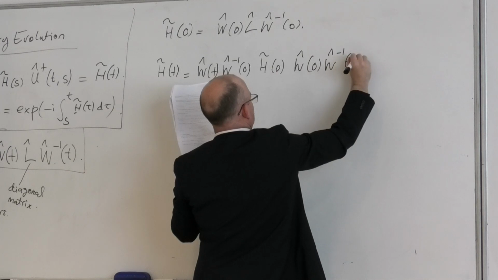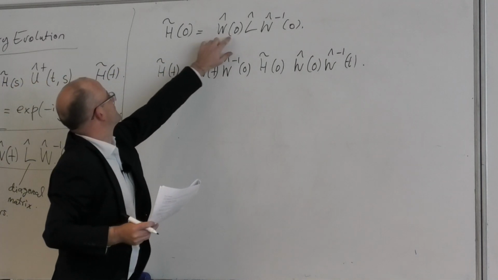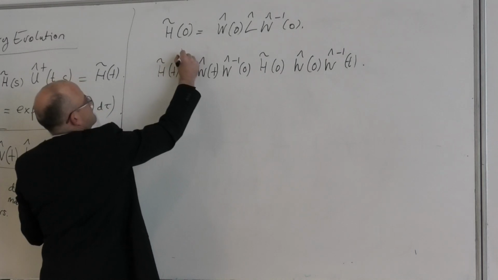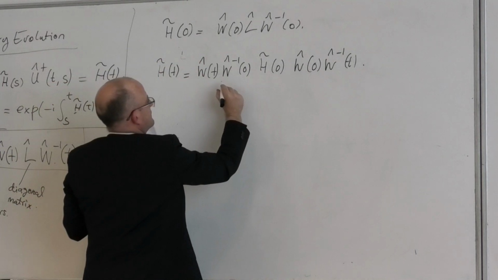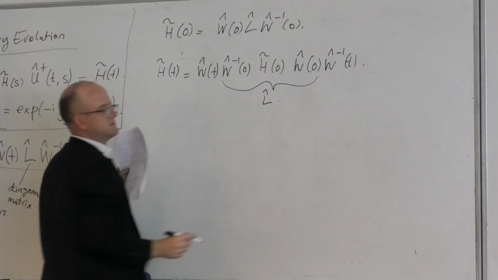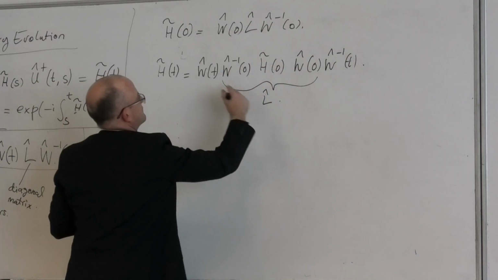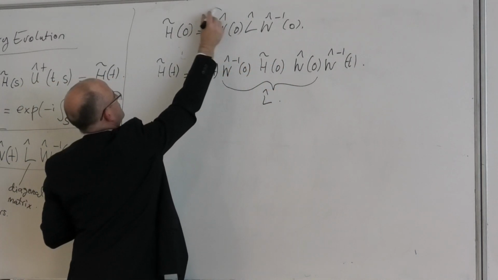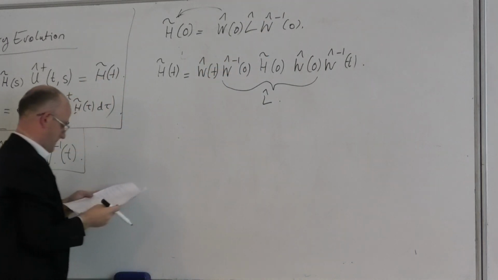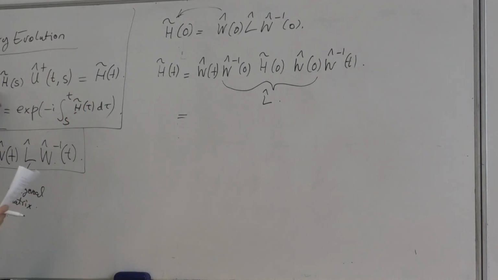Does everybody see why this is true? Basically, you're just putting this over here. This thing in the middle is equal to L, so you're just sandwiching the outside with the W t's. This thing is equal to L, which we would just move in here. So that must be equal to this equation.